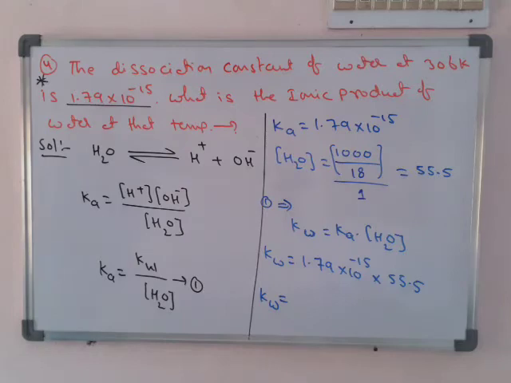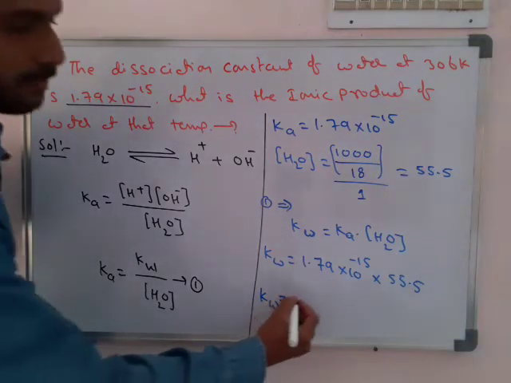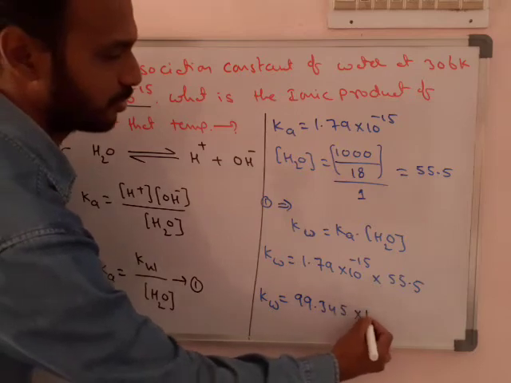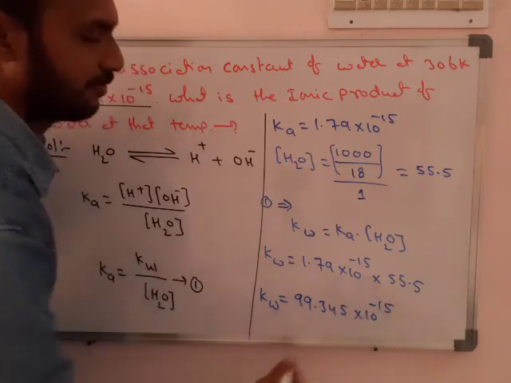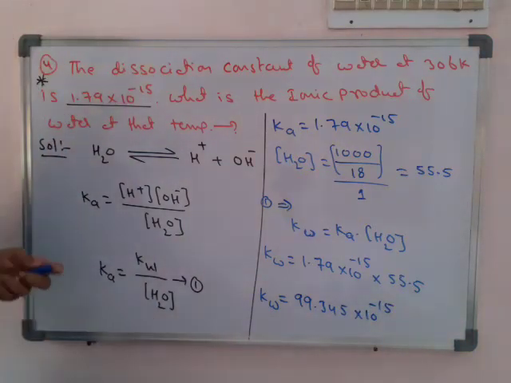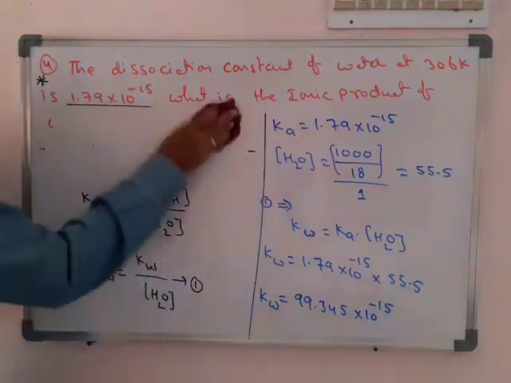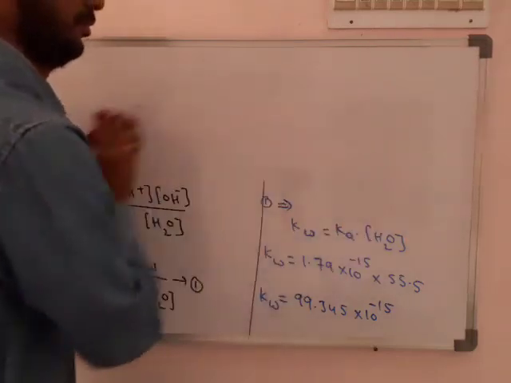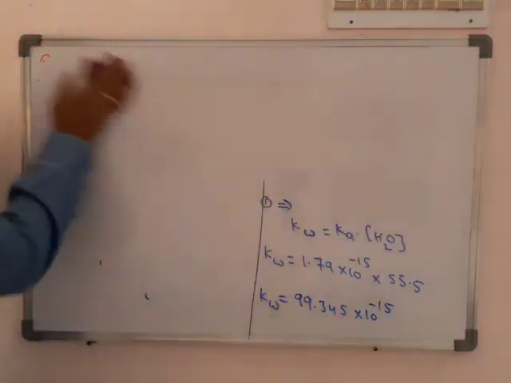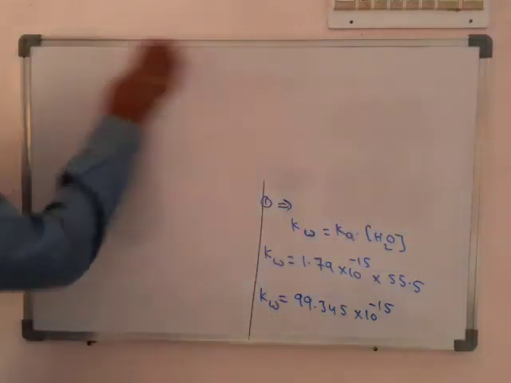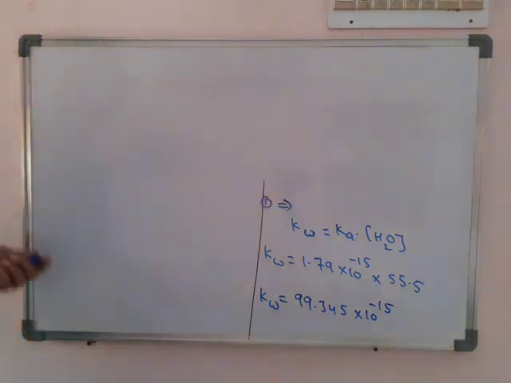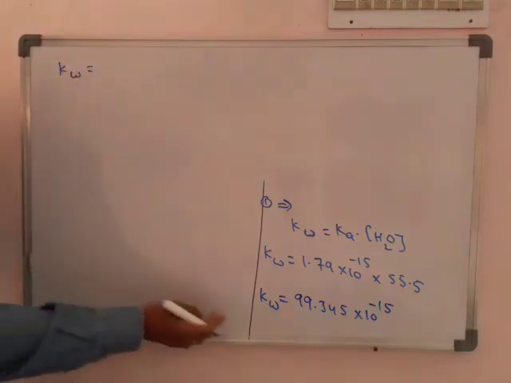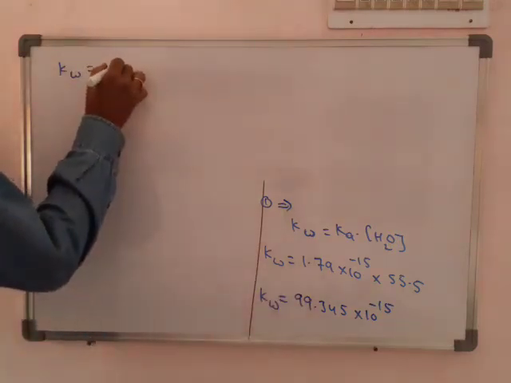So on this calculation here we get 99.345 into 10 to the power of minus 15. So then, for the simplicity, we can write it as 100.